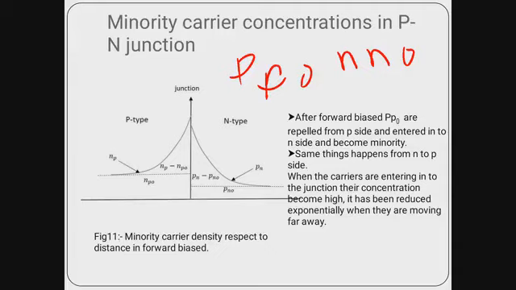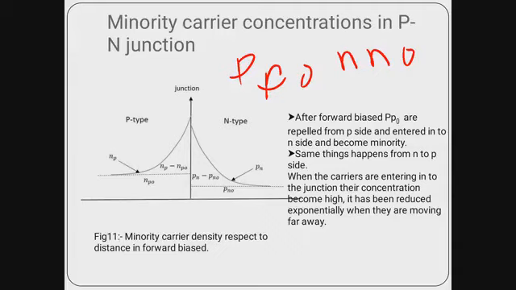After that, these holes try to recombine with electrons on the N side. So what will happen? The concentration of holes is very large at the junction.